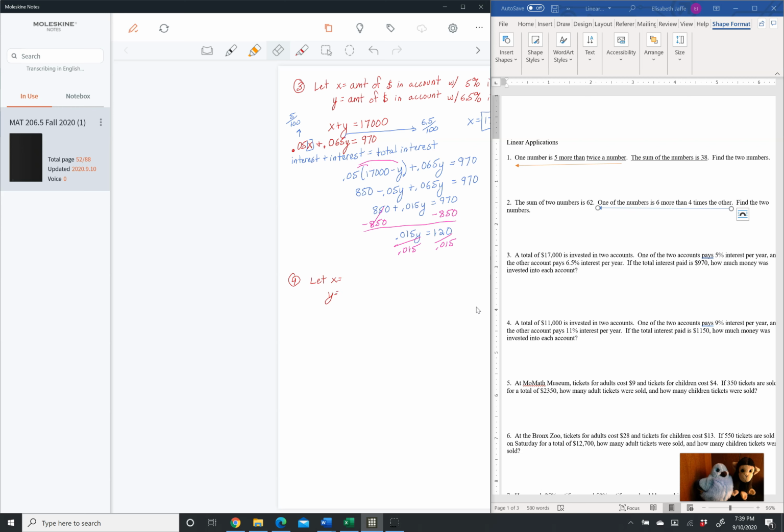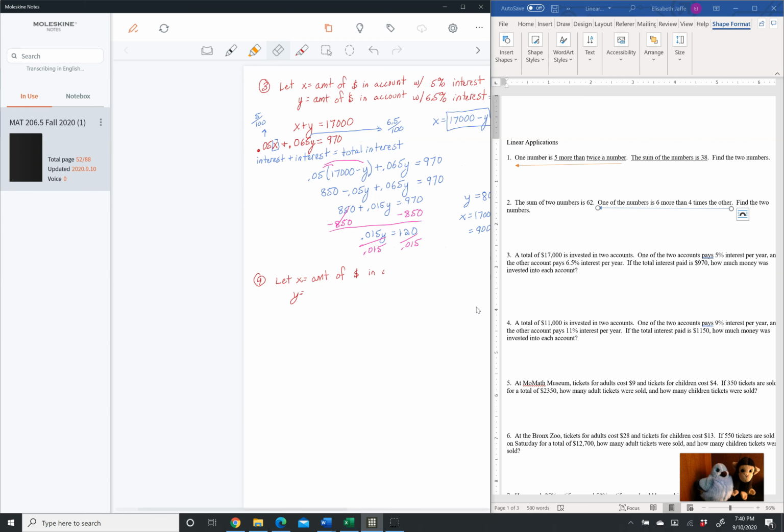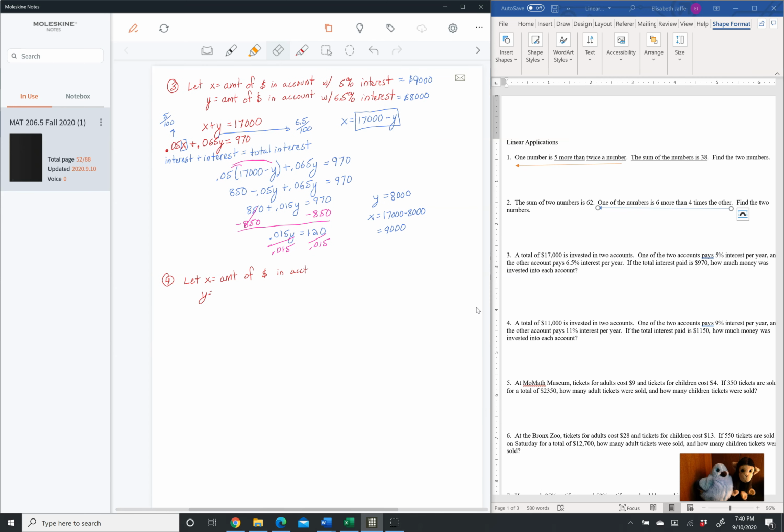This time, let x be the amount of money in the account with 9% interest. So notice I abbreviated account with ACCT. I really want you to have these let statements, not only because it makes your answer easier to write, but it also makes your work much clearer.